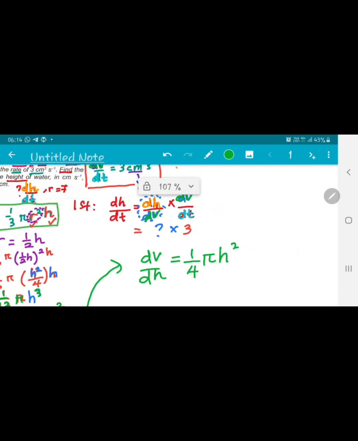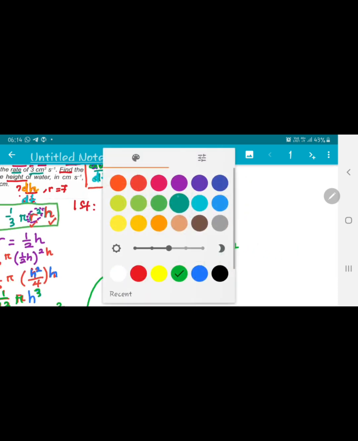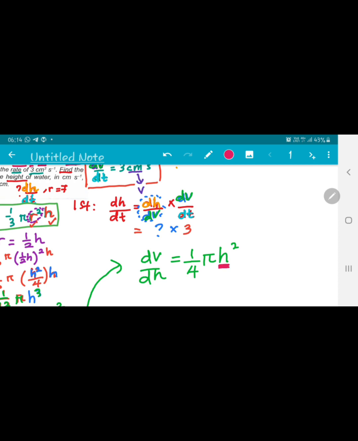They give the value of r. We need the value of h.